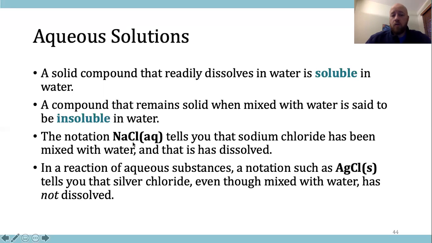Now, sodium chloride and silver chloride are both ionic compounds. Okay, right? So we know that water is polar. Okay, water is polar. So it dissolves polar compounds like ions. So ionic compounds should dissolve in water, right?